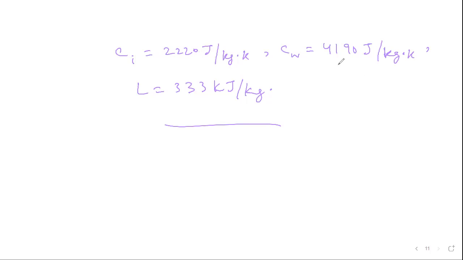Cw, specific heat of water, 4190 joule per kg Kelvin. Latent heat of fusion, right, is 333 kJ per kilogram. So this is all for today.